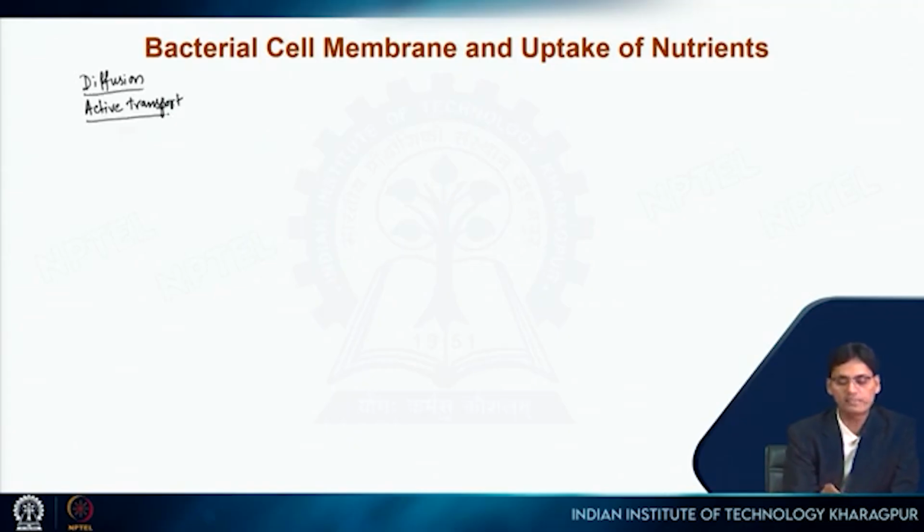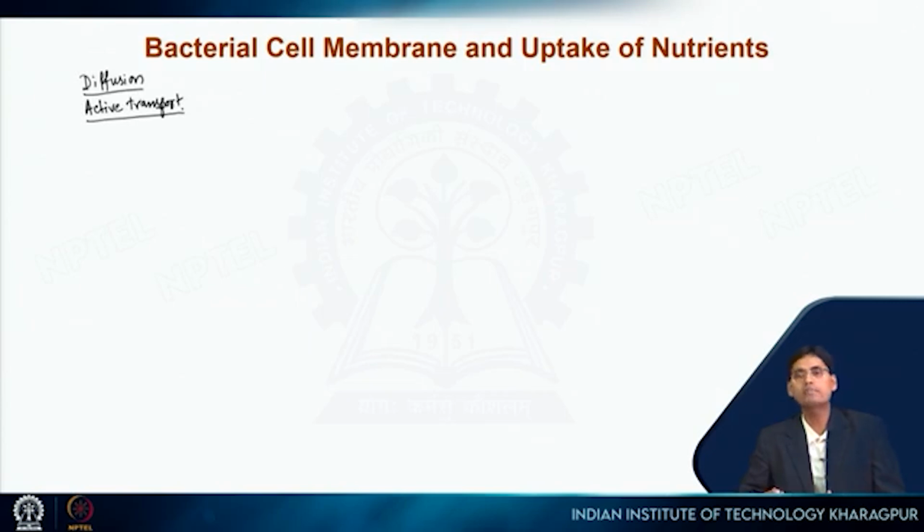Diffusion and active transport. As you understand, diffusion does not require energy, no ATP required. For active transport, we have to spend some metabolic energy in order to carry out this kind of transportation.